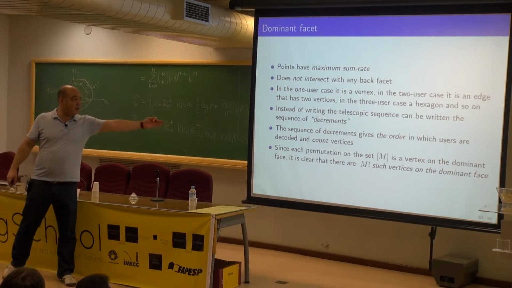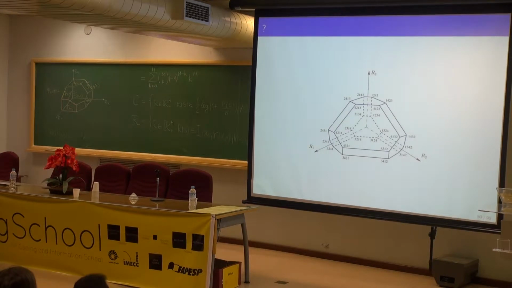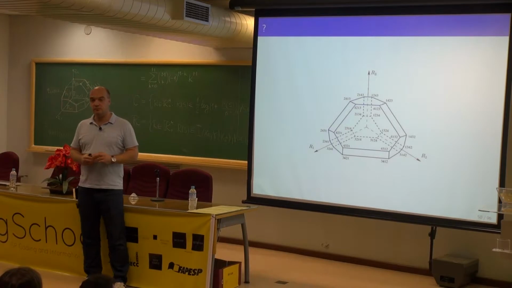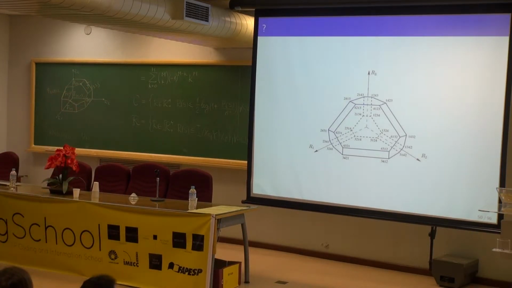Okay, and yesterday we mentioned, and many people know, that on the dominant face there is a permutation set of M, and then we get this factorial. What is this? How many vertices do we have?